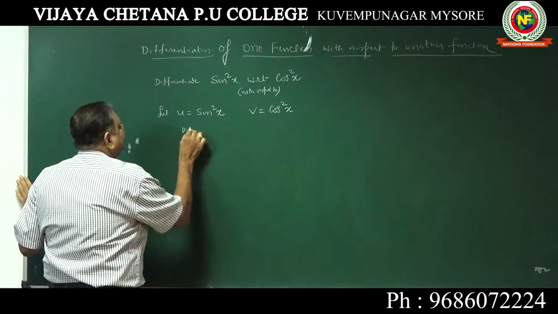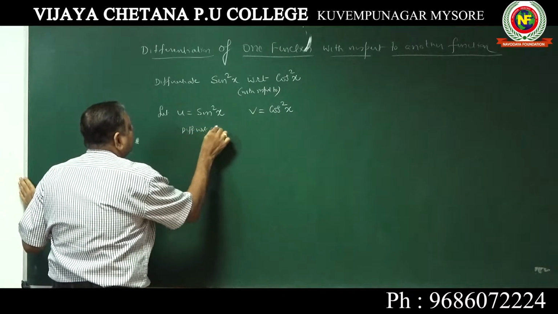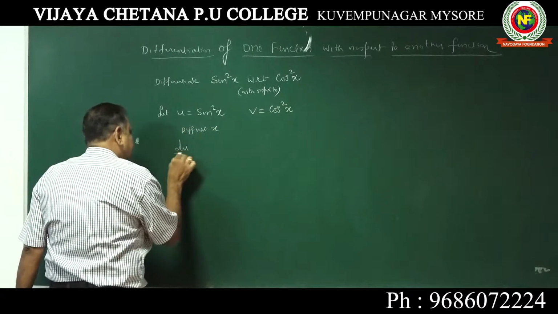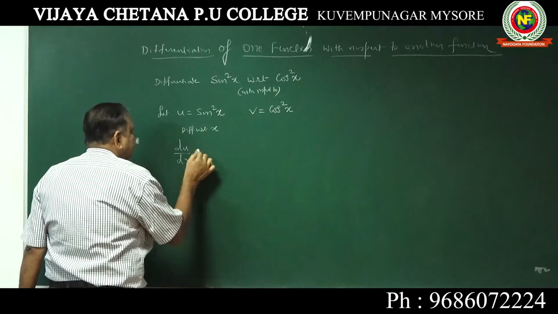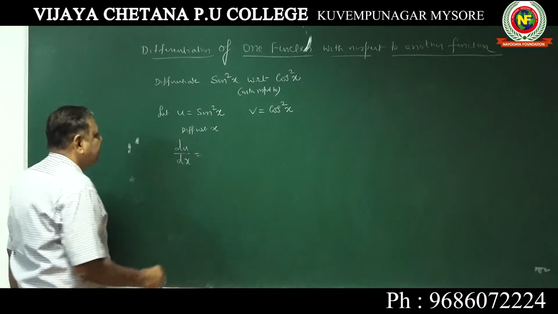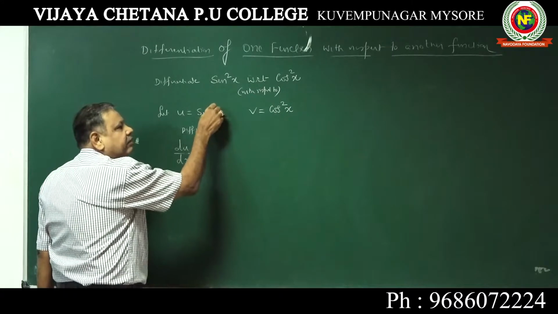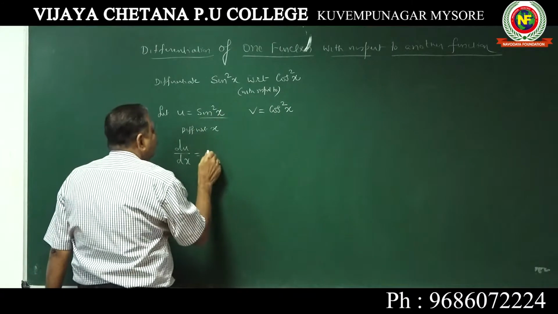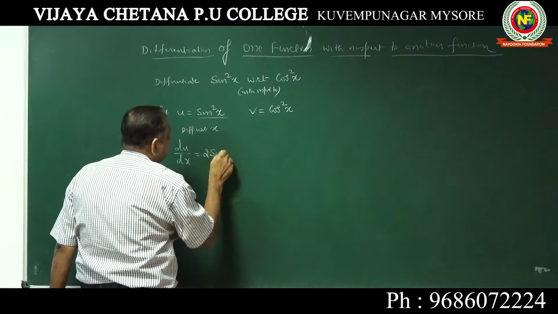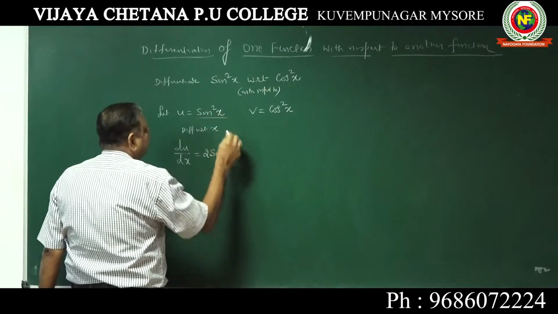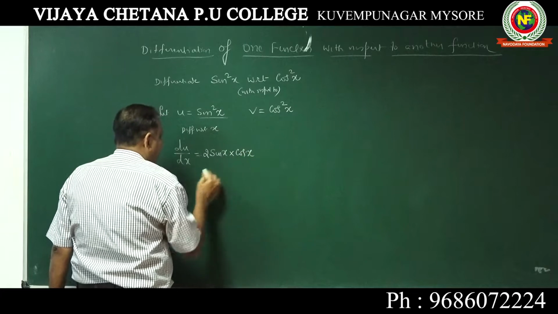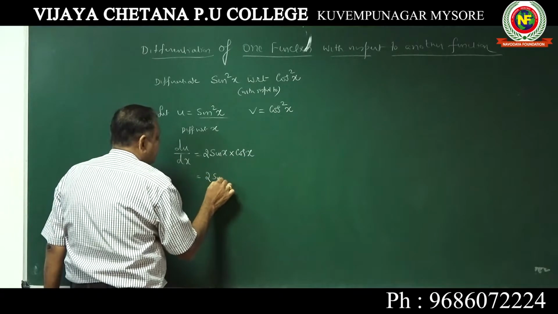Now differentiate with respect to x. When you differentiate with respect to x, du by dx, the differential quotient of u with respect to x, this is chain rule. Put sin x is p, p square, 2p, that is 2 sin x into differential quotient of sin x, cos x. Or it is 2 sin x cos x.